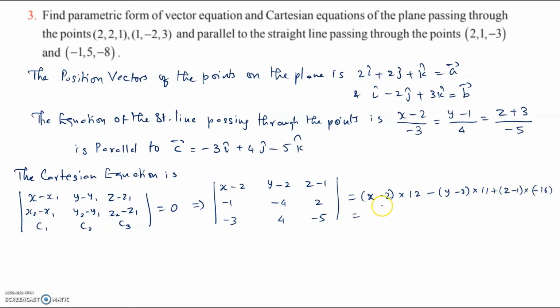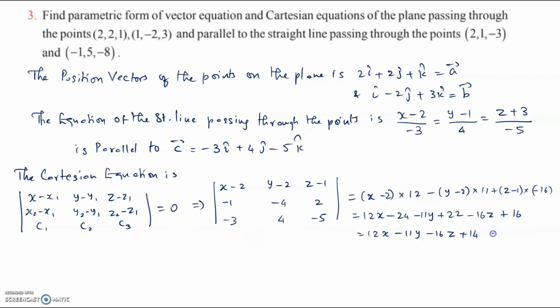Further simplifying this, you get 12x minus 24 minus 11y plus 22 minus 16z plus 16. So it is 12x minus 11y minus 16z, minus 24 plus 22 is minus 2, plus 16 is plus 14.